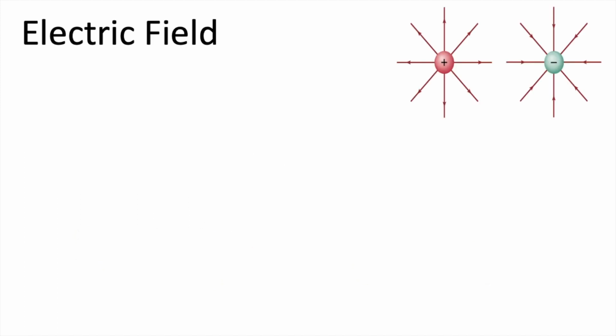So it happens that every charge, either positive or negative, has electric field lines around it, and that originates from the charge itself, and it propagates outward or inward to infinity.